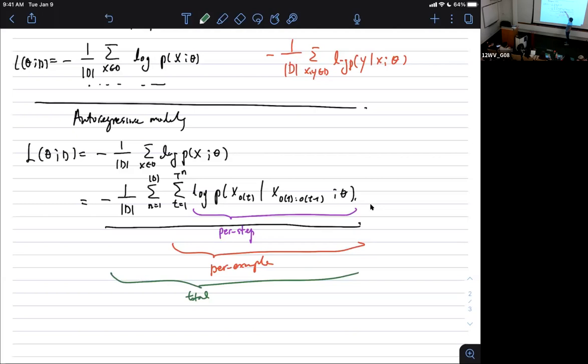Depending on your ultimate goal of how you're going to use a language model, that choice may have to change. But this is the most basic and principle-driven choice according to this probabilistic language model. So you sum over the time steps, then you average over the examples within your mini batch or across the entire data set. It just naturally arises from our desire to increase the probability of each and every sequence in our training data.